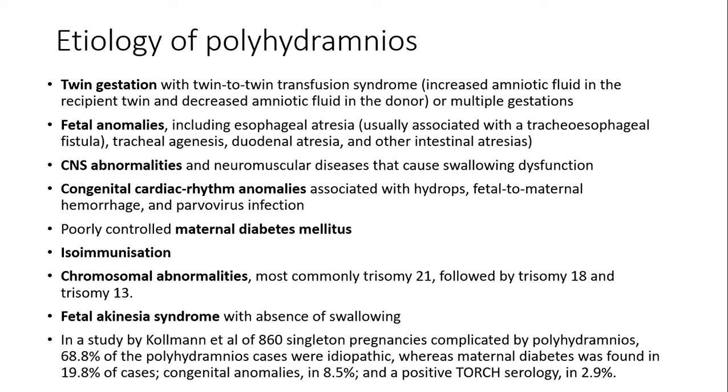Fetal anomalies, like I told you before, CNS abnormalities and neuromuscular diseases can cause swallowing dysfunction of the baby. Congenital cardiac rhythm anomalies can be associated with hydrops, fetal to maternal hemorrhage, and parvovirus infection.